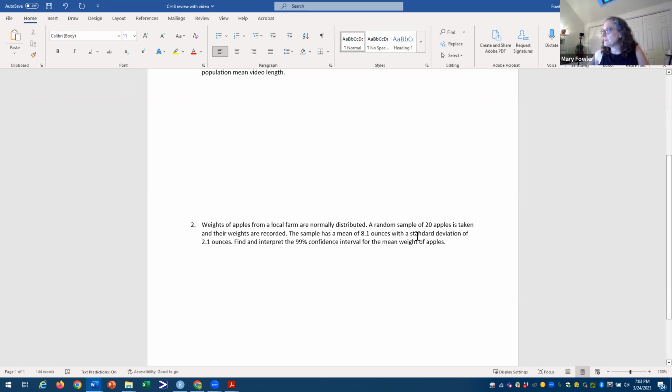But in problem number 2, we see standard deviation, and we go back and see that it comes in the sentence: the sample has a mean of 8.1 ounces with a standard deviation of 2.1 ounces. So this is a sample standard deviation because it comes from the sample. So for the second problem, we're going to do the T interval procedure. Okay, let's go on over to the whiteboard and get to work.